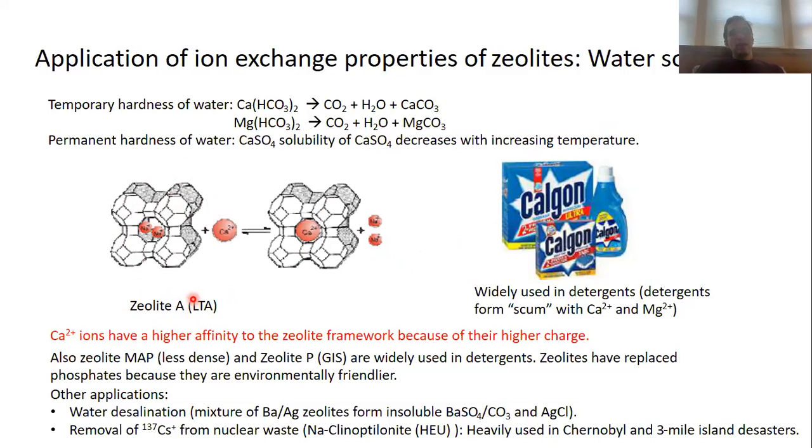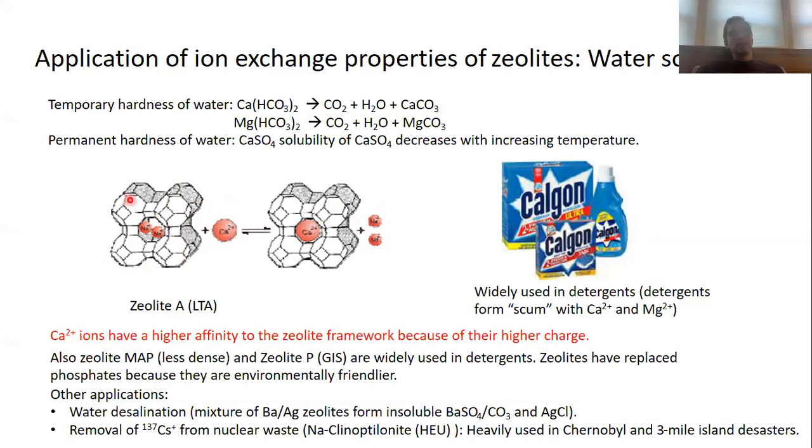Okay, and in its original form, it has sodium ions as counter ions in the framework. But when the zeolite comes in contact with calcium ions dissolved in water, then ion exchange happens. Okay, so the calcium ions go into the pores, and the sodium ions are getting released into the water.